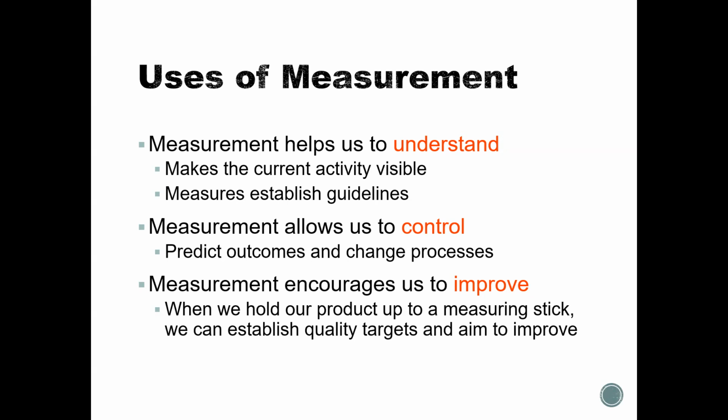You can set a certain time period for a particular phase, and if you are lagging behind in that phase, then you can change the process or perform certain modifications in that phase, so that in the next phase you are aligned with the time frame. So it helps you control the whole process as a whole, and it also encourages us to improve.